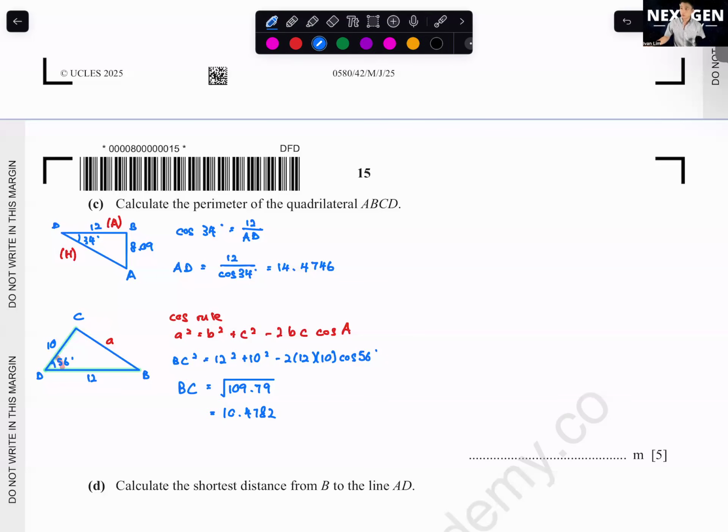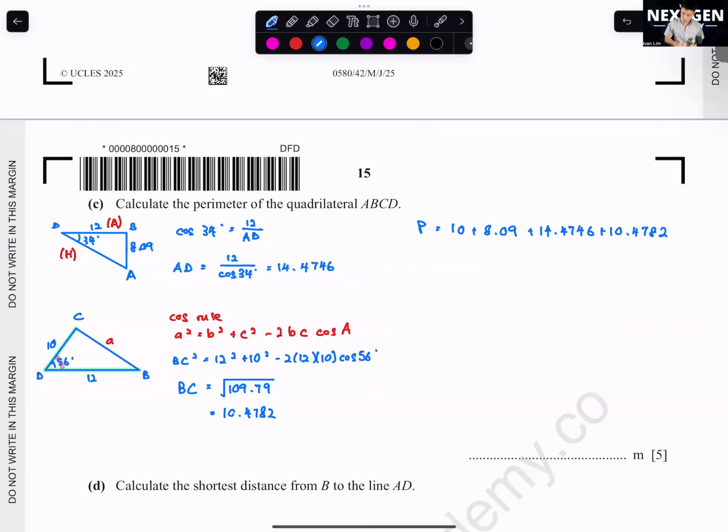Now you want to calculate the total perimeter. Total perimeter will be 10 plus 8.09, these were the two just now that we calculated, then plus 14.4746 plus 10.4782.